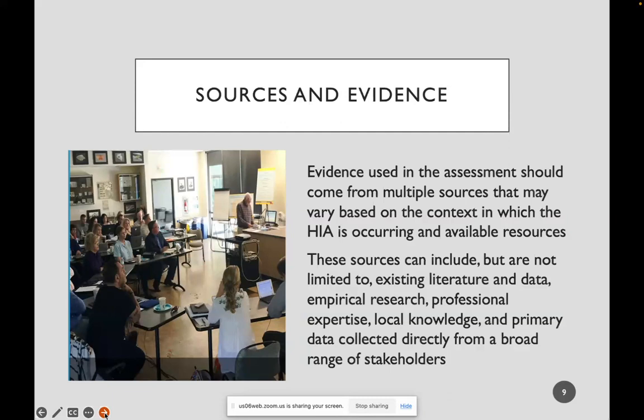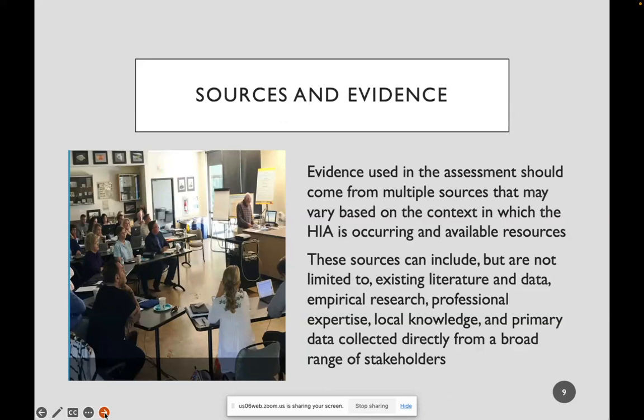And I'll talk a little bit more about local knowledge in a minute, but making sure that you have the expert implementers, the people who are going to be implementing the decision, have input, and also the people who are going to be impacted by that decision.